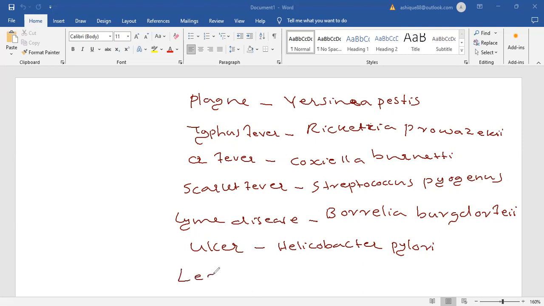Another disease is caused by Legionella pneumophila. Okay. So these are some of the diseases caused by microorganisms. Not over.